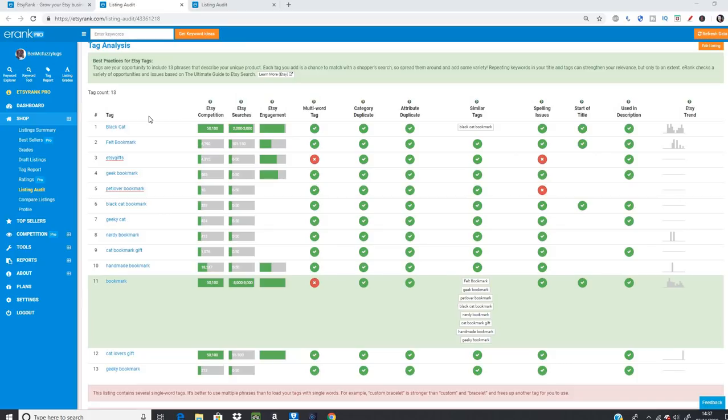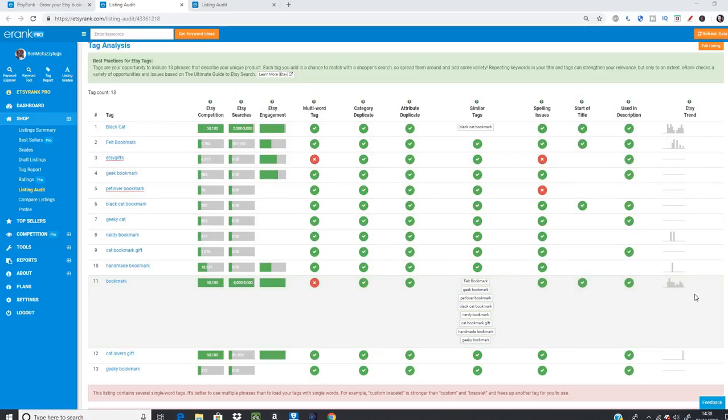But again, I'm going to leave Black Cat because it's a good tag, and just leaving it here lets me see it on this page, lets me see everything at a glance. If I just left Black Cat Bookmark, then I wouldn't know that Black Cat was such a good term. So I could take it out if I wanted an A, but actually I'm pretty happy with that.